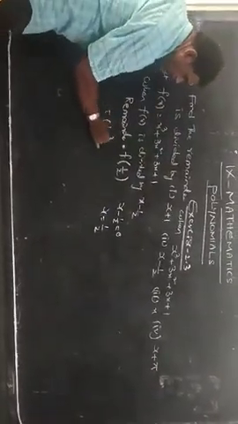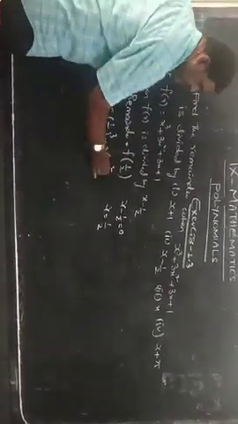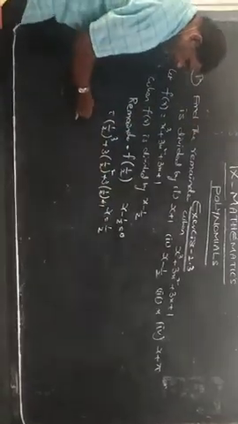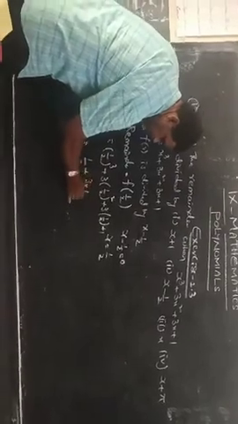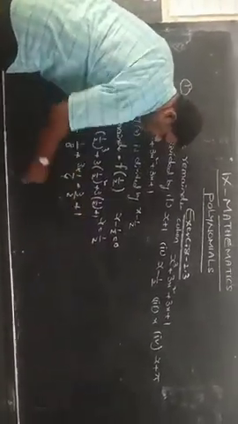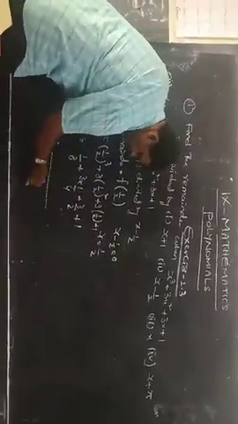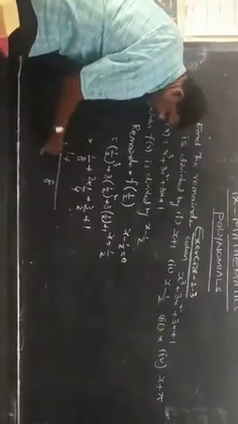1 by 2 whole cube plus 3 into 1 by 2 whole square plus 3 into 1 by 2 plus 1. 1 by 2 whole cube is 1 by 8. 1 by 2 whole square is 1 by 4. 3 into 1 by 2 is 3 by 2, plus 1. Here we will get LCM 8. Here 8 is there, write the numerator as it is.